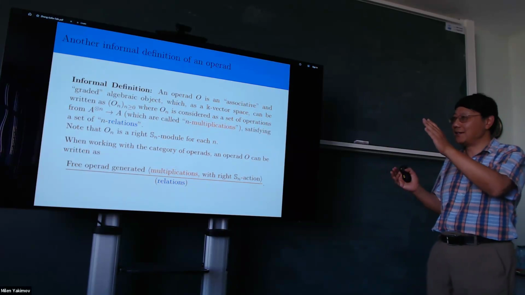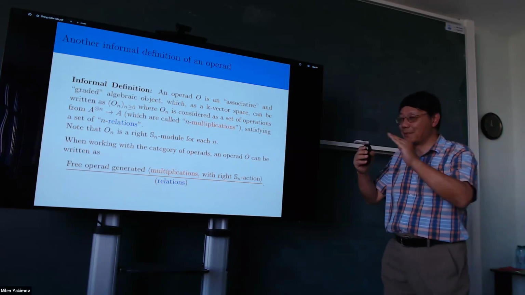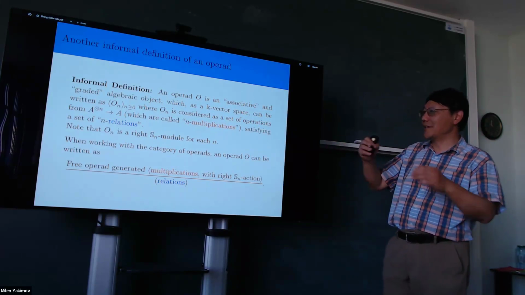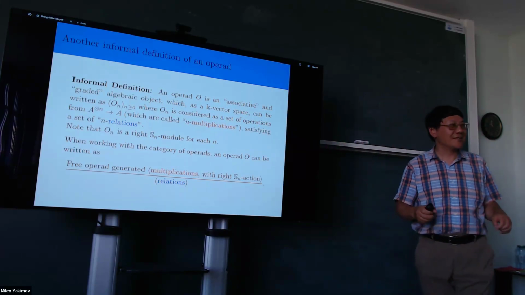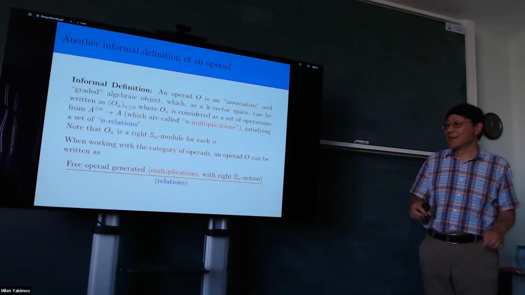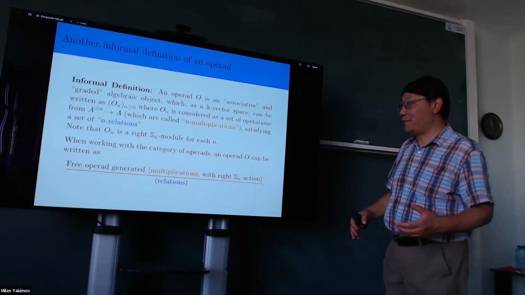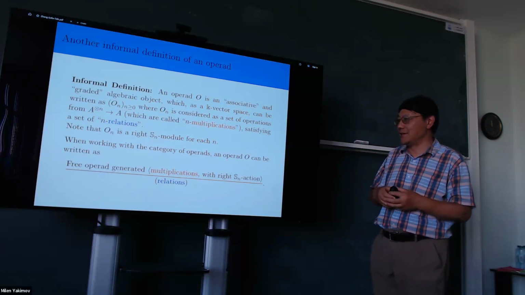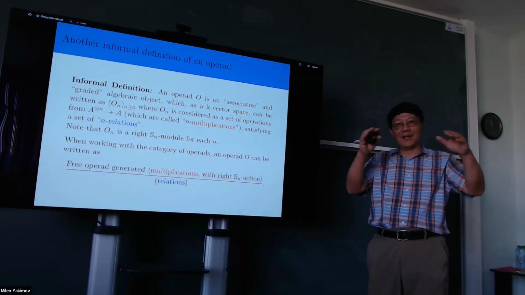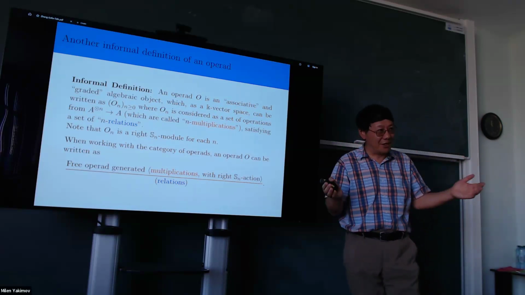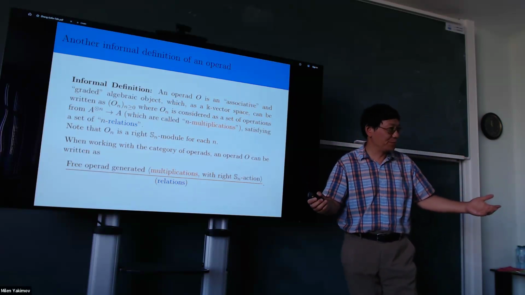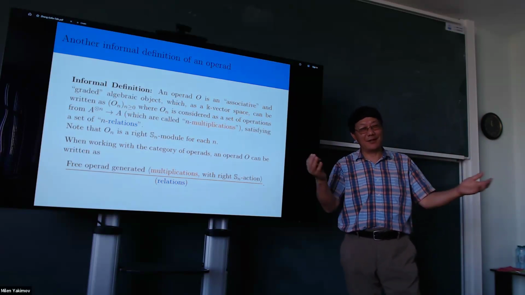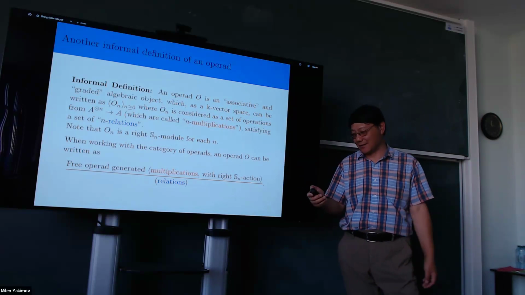I use A to indicate where these multiplications act, and they satisfy a set of relations. This is a kind of informal definition. If we really want to work with the category of operads, then any operad is a free operad generated by multiplications modulo relations. It's like an associative algebra: we have generators and relations. It's very, very close.